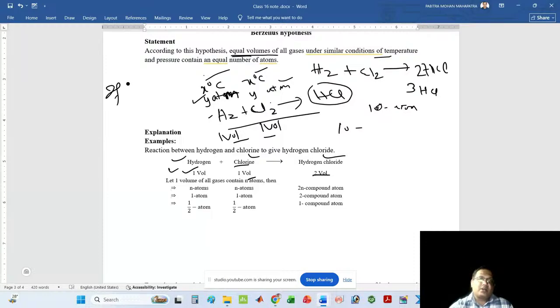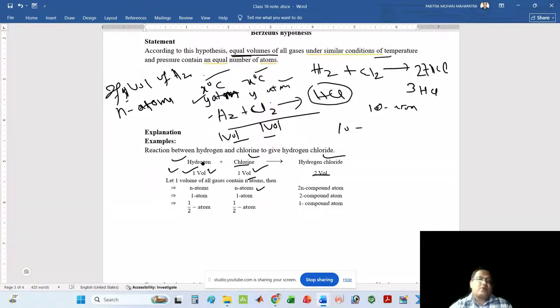That means if one volume of hydrogen carries n atoms, then you can say there are n atoms of chlorine, because according to the Berzelius hypothesis, one volume of hydrogen is taken, and here also one volume of chlorine is taken.